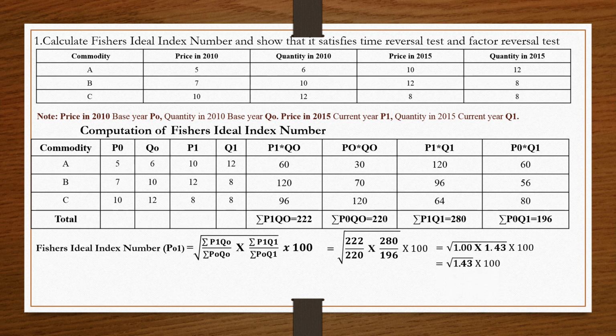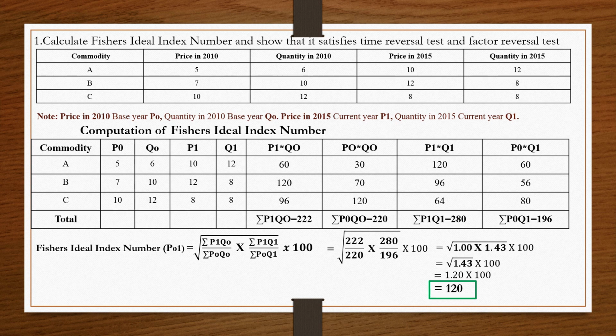Simplifying, square root of 1.43 comes, 1.20 into 100. Then the answer is 120.